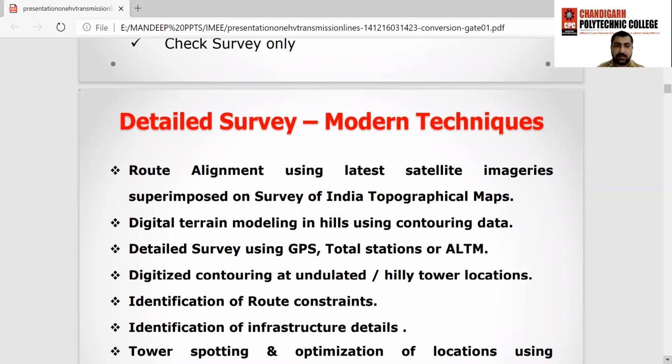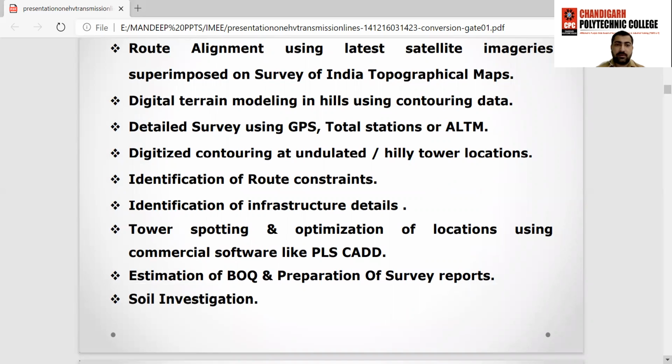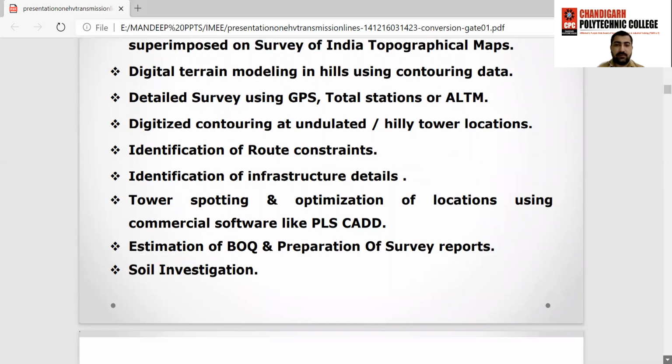Detailed survey, modern techniques: route alignment using latest satellite imageries superimposed on Survey of India topographical maps, digital terrain modeling in hills using contouring data, detailed survey using GPS, total stations or ALTM, digitalization of contouring at undulated hilly tower locations, identification of route constraints, identification of infrastructure details in that particular area, spotting and optimization of locations using commercial software like PLS-CAD, estimation of BOQ and preparation of survey reports, and the last one is soil investigation.